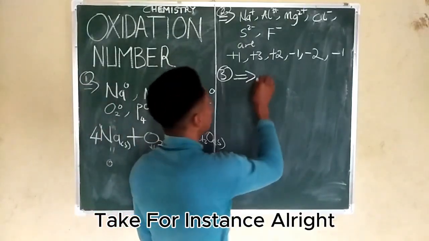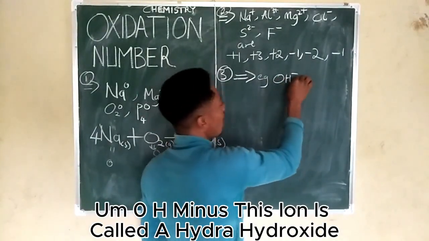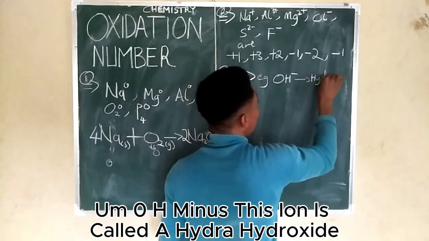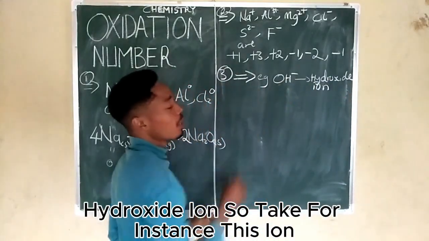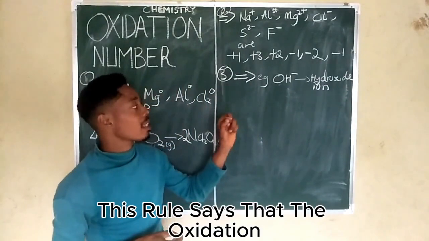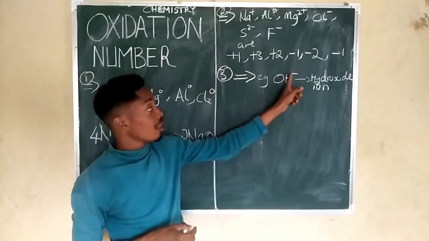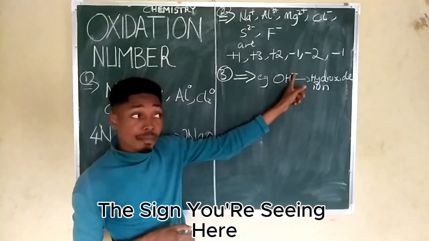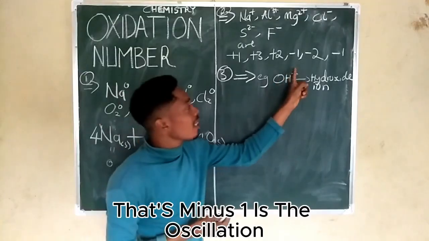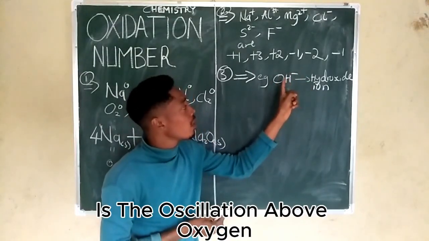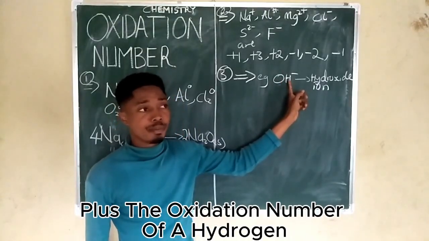Take for instance OH minus. This ion is called the hydroxide ion. This rule says that the oxidation number of this ion, the minus sign you are seeing here, that's minus 1, is the oxidation number of oxygen plus the oxidation number of hydrogen.